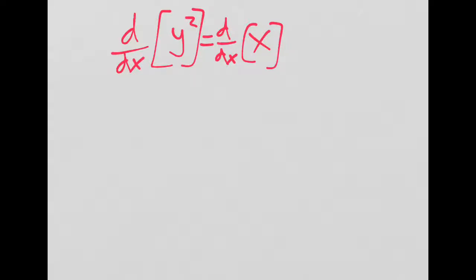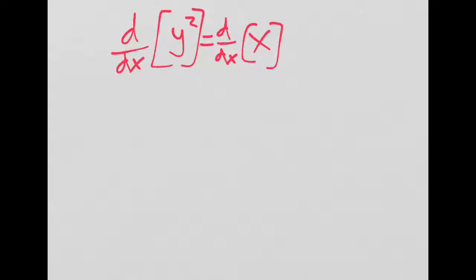It gets a little complicated because of that y squared term, but we have a way we can handle it. It's going to use something called the chain rule, which we have not learned in this class. You will get very deep into understanding the chain rule next year in calculus. But for now, what I'm about to show you will be enough for you to at least understand this process a little bit better.